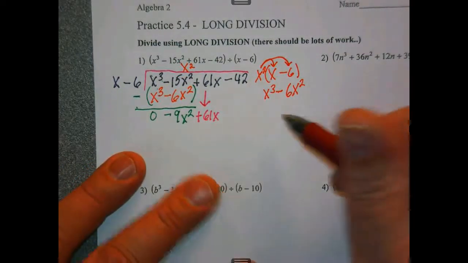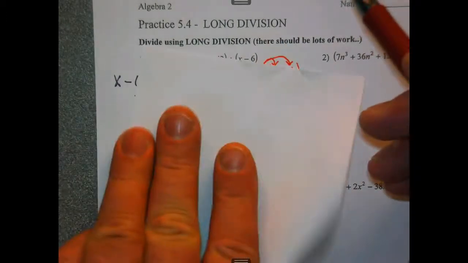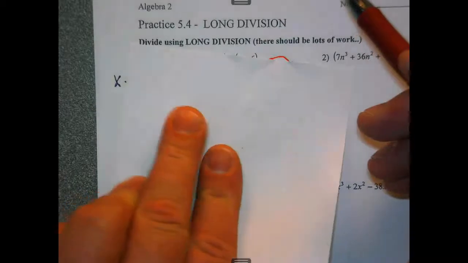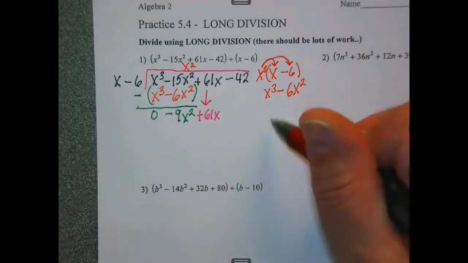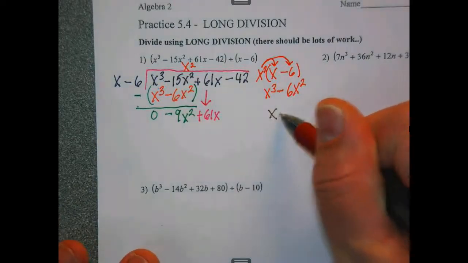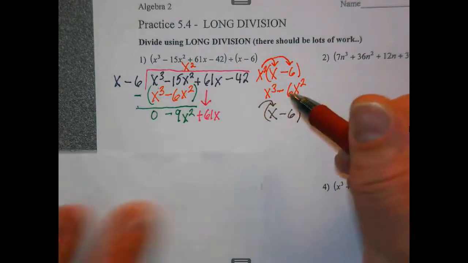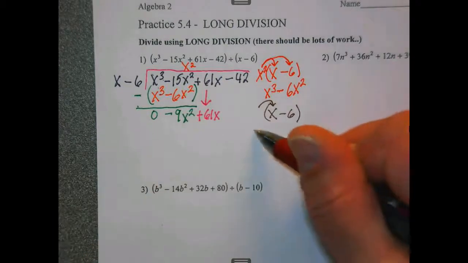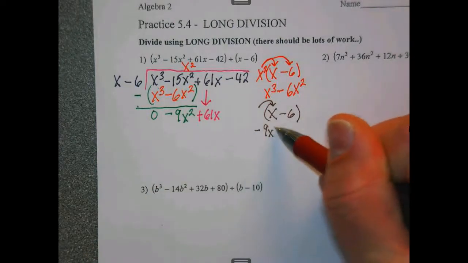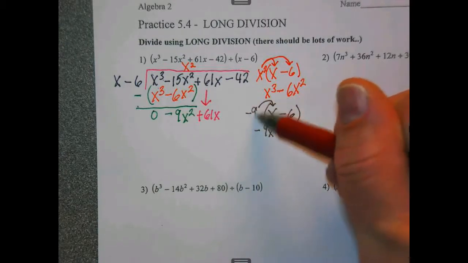Okay. Then we do the process all over again. How do I make my x into negative 9x squared? I'm multiplying x minus 6 by something to get my negative 9x squared. Well, I need a negative 9 and an x to the first.